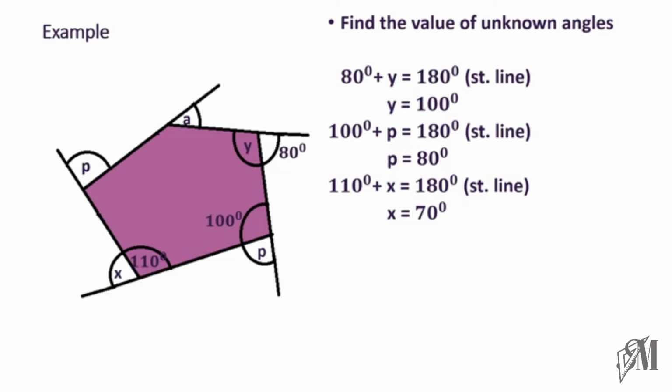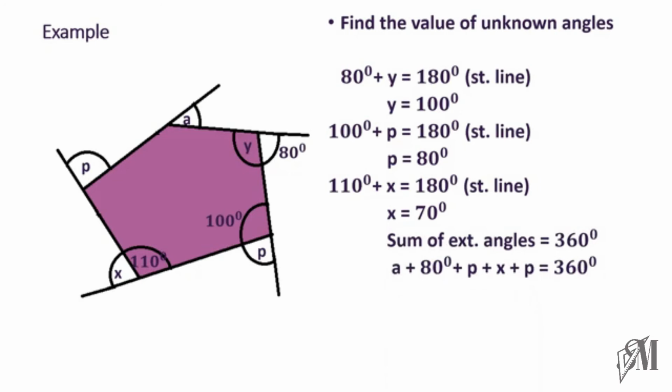Now I have found Y, P and X. So A is to be found. To find A, I write sum of exterior angles is equal to 360. So I can then write down A plus 80, that is this 80, and then P plus X plus P is equal to 360 degrees.